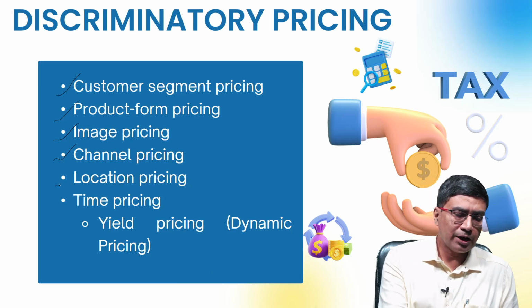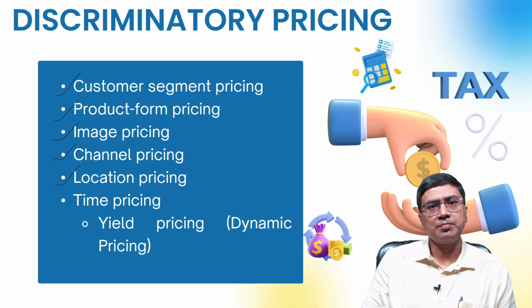Similarly, location pricing. This is again one of the beautiful parameters to discriminate the price. Yes or no? Did you ever watch a movie from a front seat, or the first few rows in any multiplex?